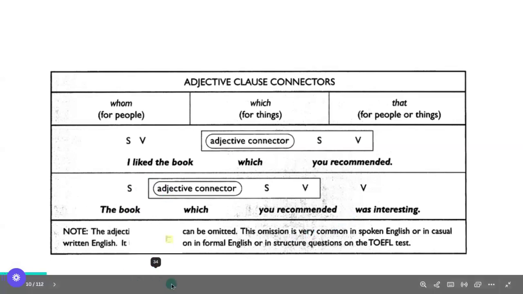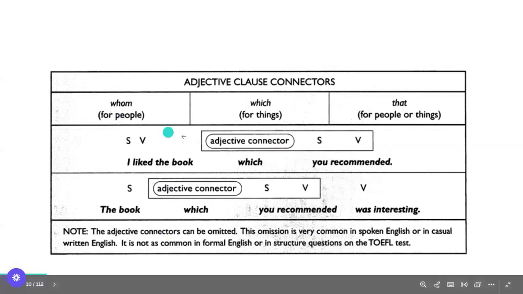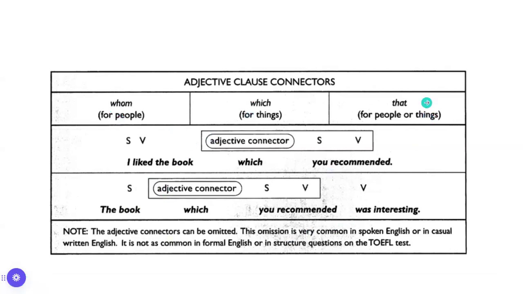Sometimes the adjective connectors can be omitted. This omission is very common in spoken English or in casual written English. It is not as common in formal English or in structured questions on the TOEFL test, so you will see these adjective connectors in formal academic exams such as the TOEFL.